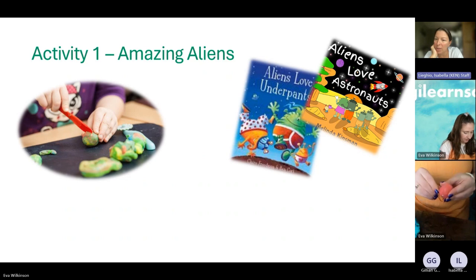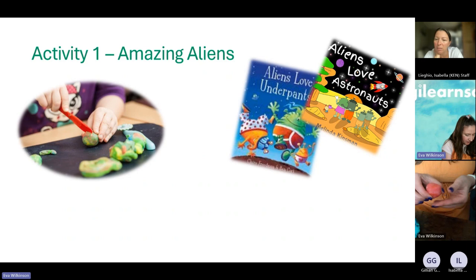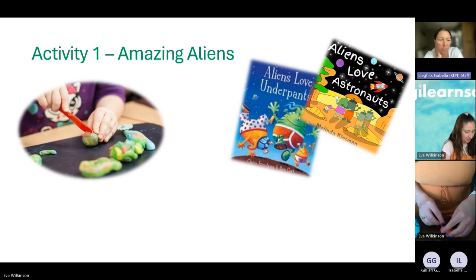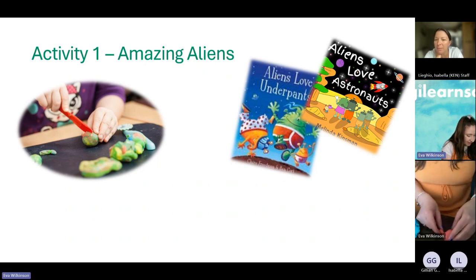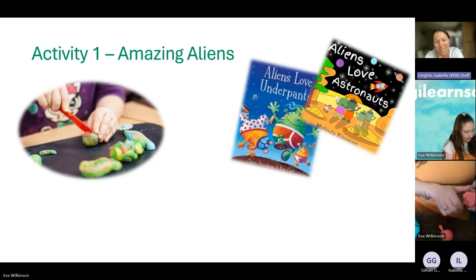What kind of shape do you think, Eva? A round shape, like a kind of circle, a sphere. I'm going for this. Okay, perfect. So we've got a nice red sphere coming along nicely. And then what do you think you might want to make next? I've got a little tail here. I think my alien's going to have a tail. Nice, that's nice.